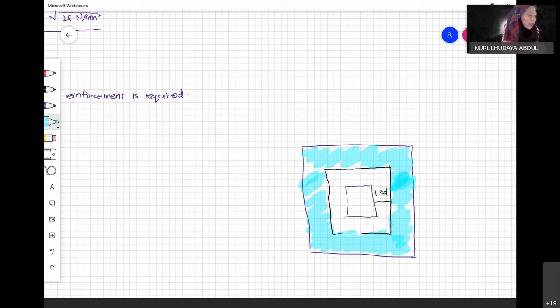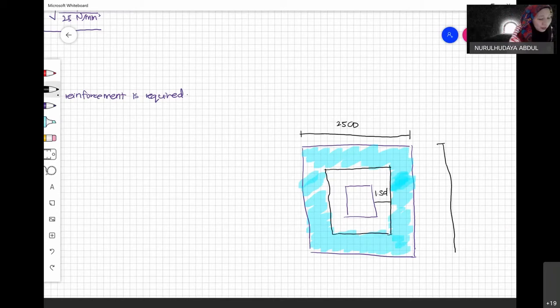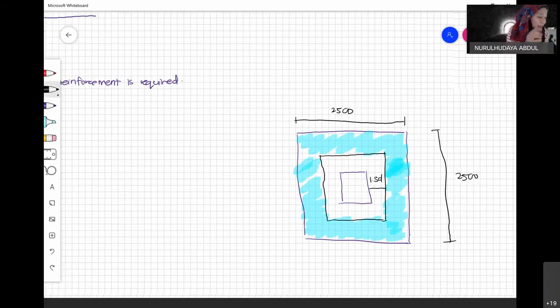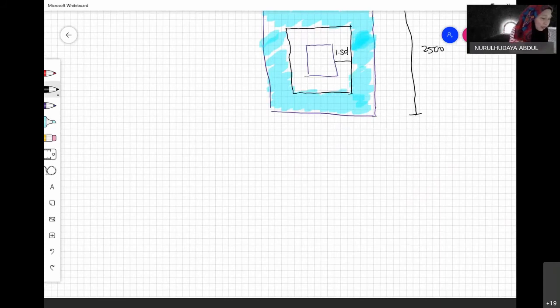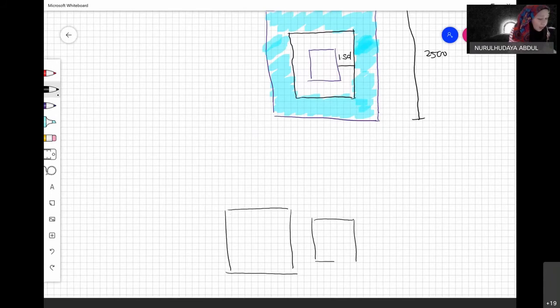Okay. So kita nak cari area tu berapa? Okay, we know that this is 2,500 ataupun 2.5 meter, up to you. Okay, this one also 2,500. Okay, and then kalau kita nak dapatkan area yang dekat luar yang I shaded tu, obviously kita ambil je area besar tolak dengan area yang kecil, we going to get the balance area yang kat sini lah.